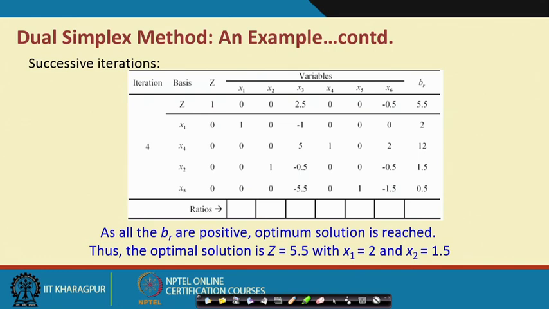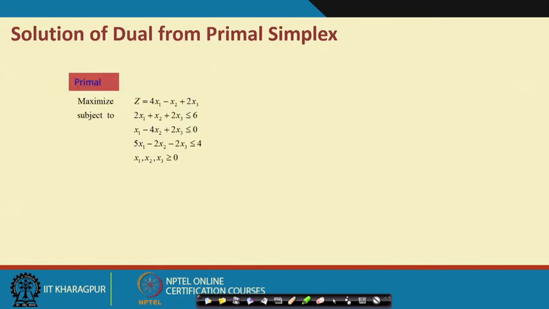Since the problem is with respect to x1 and x2, x1 is giving the optimal value of 2 and x2 is giving the optimal value of 1.5. Now you put these values in the objective function, and the value of z will come to 5.5, which we have here, that is the z indication, and that means technically we have reached the optimal solution in the process of the dual simplex mechanism.